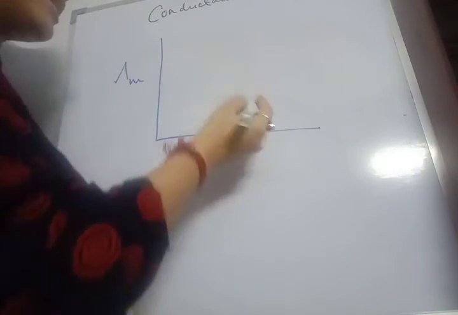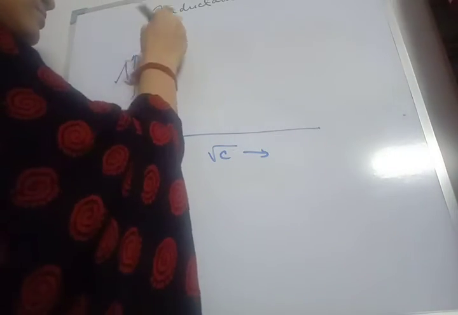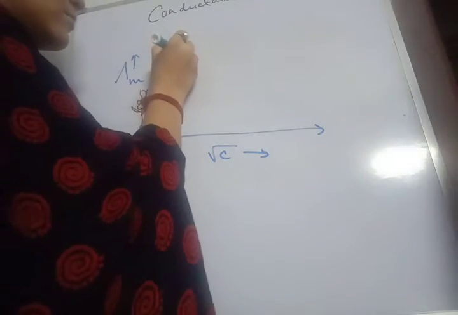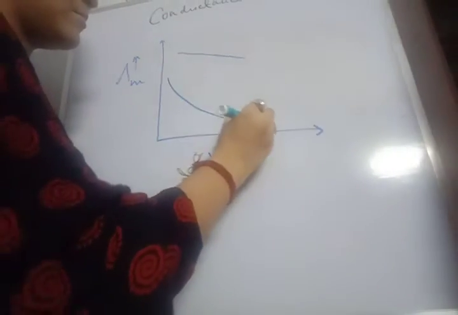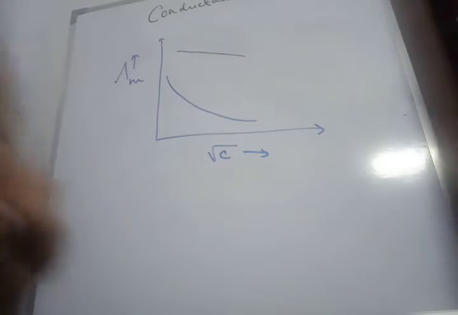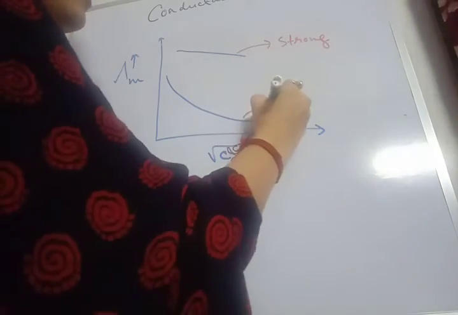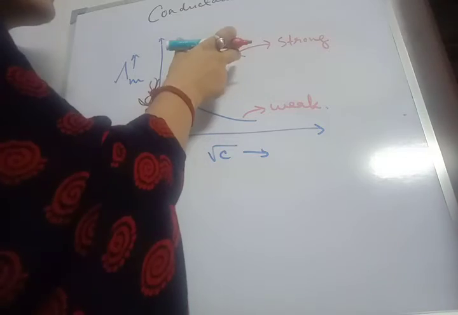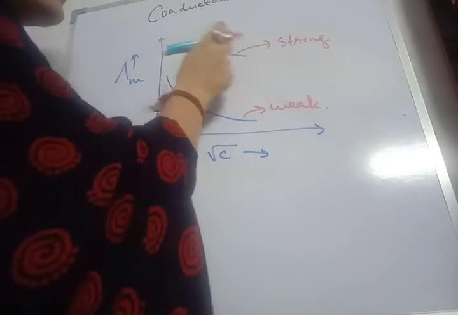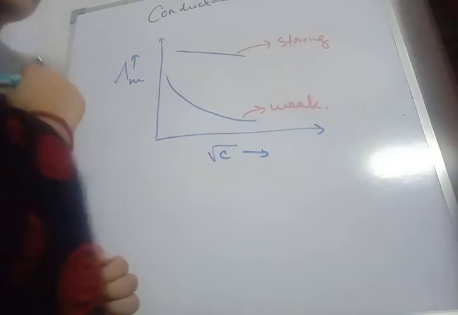Lambda m or lambda eq versus root concentration, this one is for strong electrolyte and this one is for weak electrolyte. From the graph we can understand that the change in the conductivity is very small in case of strong electrolyte, while the change is very huge in case of the weak electrolyte.